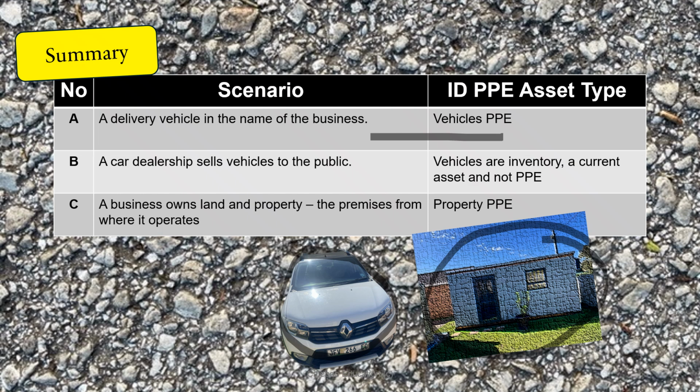In the next video, we're going to look how to record, for example, the purchase of PPE, the purchase of a non-current asset. And later we're going to look at depreciation. So this was just an introduction to the theory on PPE.